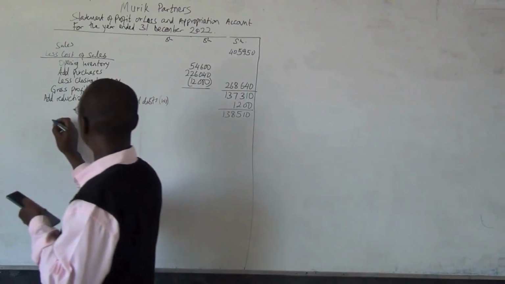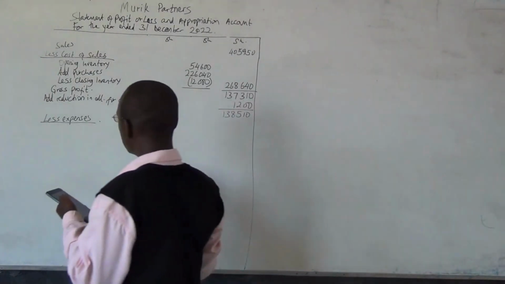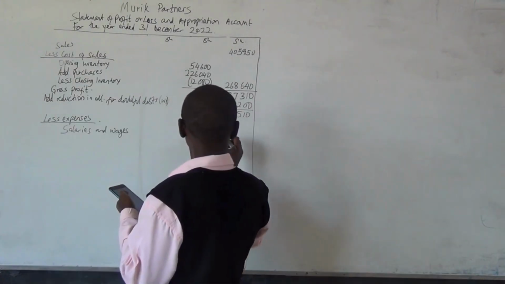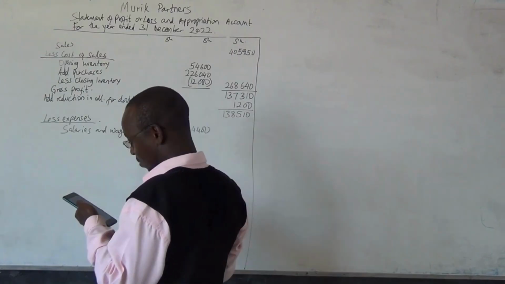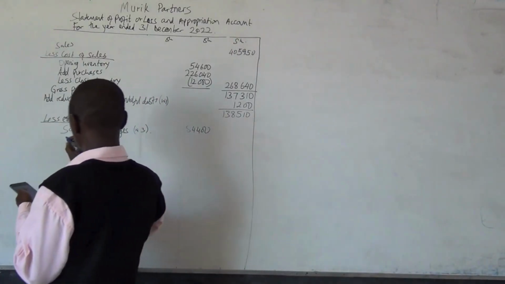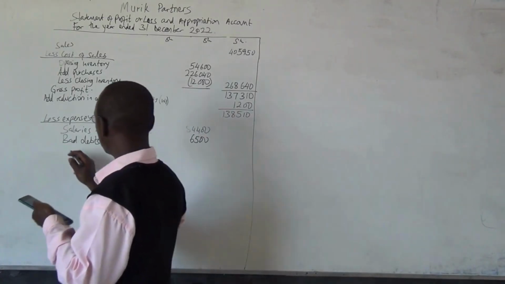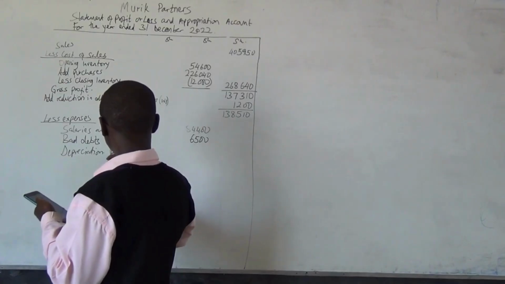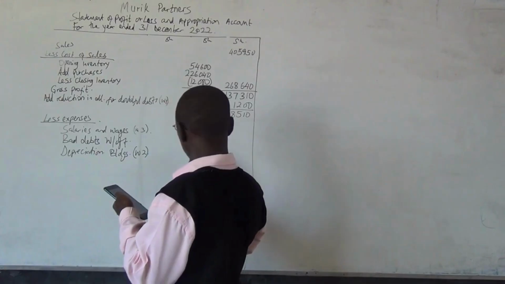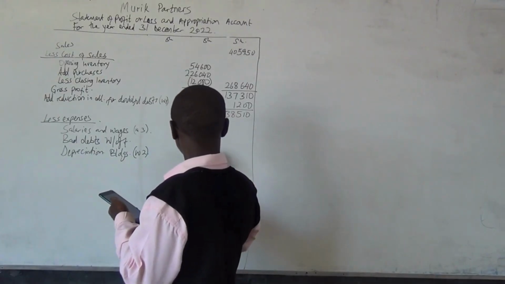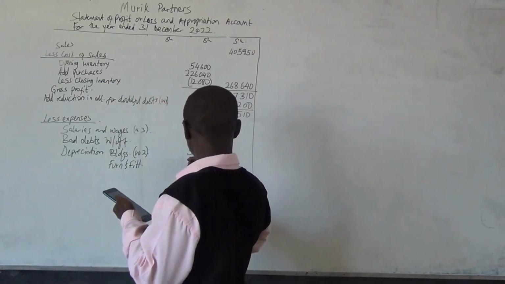Then you less expenses. Let's start with salaries and wages, 84,400, working 3. Bad debts written off, 6,500. Depreciation: buildings, working 2, 5,500. Furniture and fittings, 5,400.